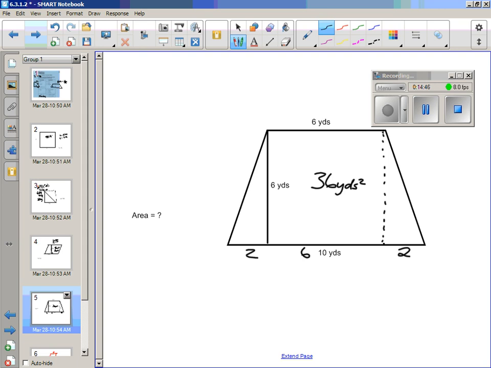It's actually 1/2 of the base times height. So it's 1/2 of the base, which is 2, times the height, which is 6. So we can either do 1/2 of 2 is 1, 1 times 6 is 6, or 1/2 of 6 is 3, 3 times 2 is 6, or half of 12, 6. Okay? And this one right here would then have to be 6 yards squared.